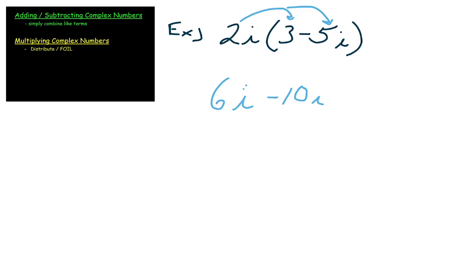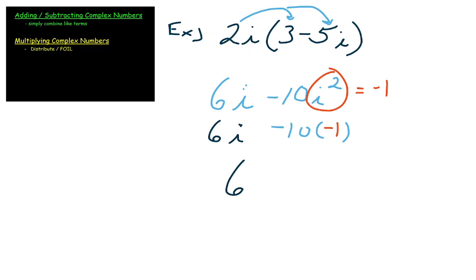But the i times i, now yes, that multiplies to be i squared. What's true about i squared? That's right, it equals -1. So really what I have here is like -10 times -1. And so that ultimately is going to come out to be positive 10.